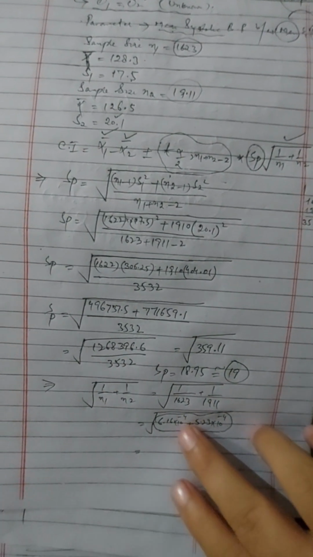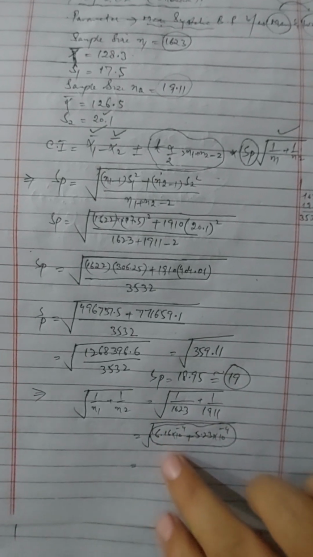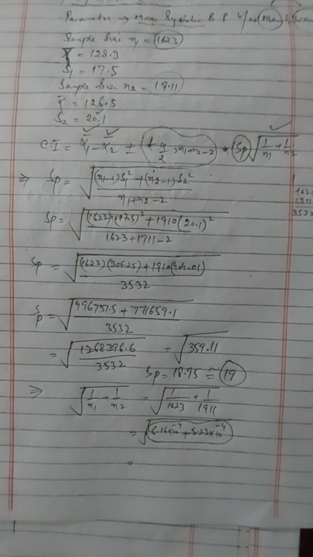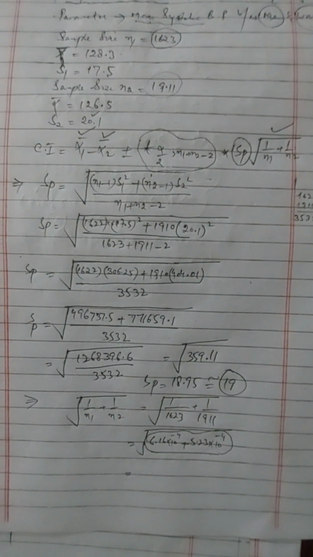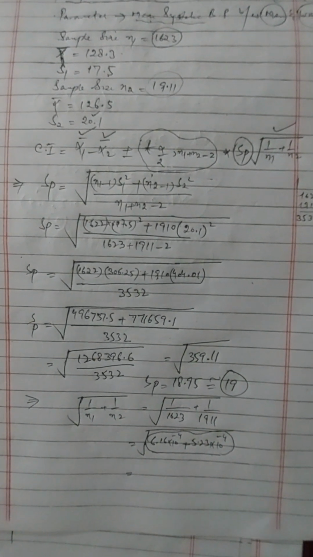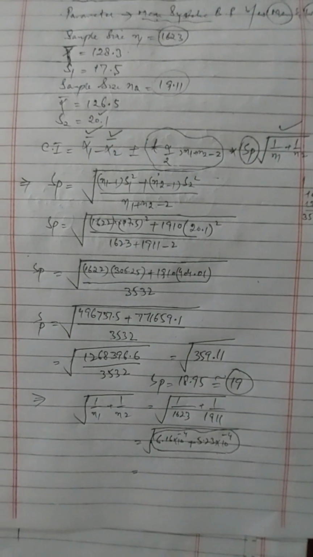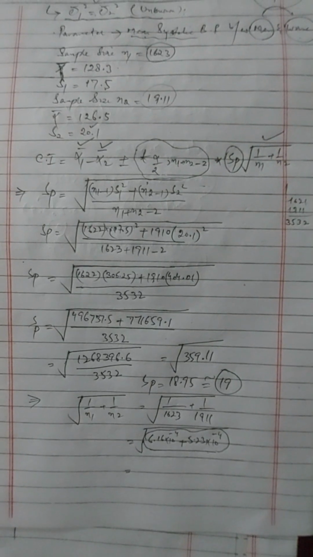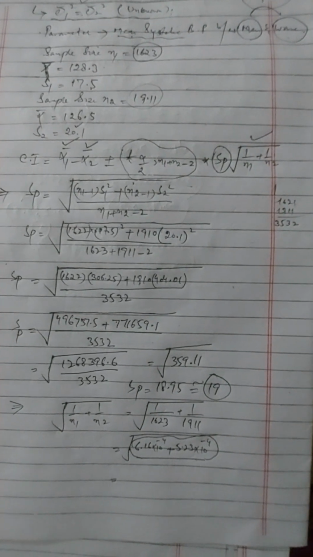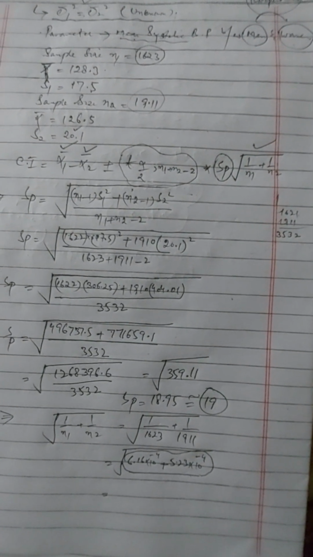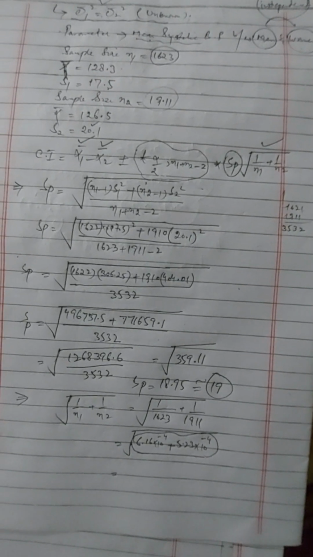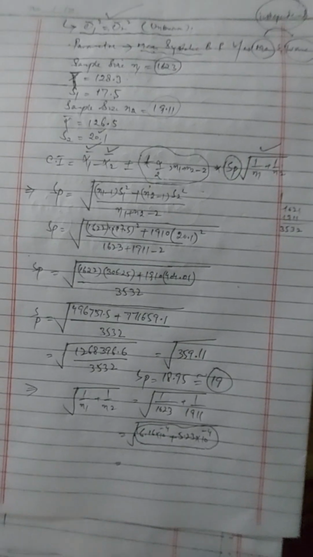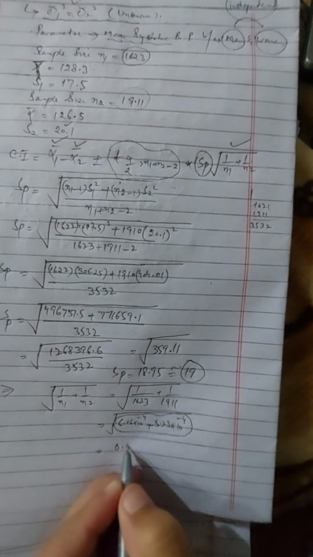So we can write it as 0.000616 plus 0.000523. It gives us a value of 5.84 into 10 raised to the power minus 4, and taking the square root of it gives us a value of 0.024.